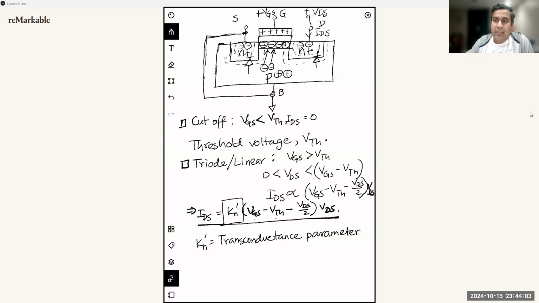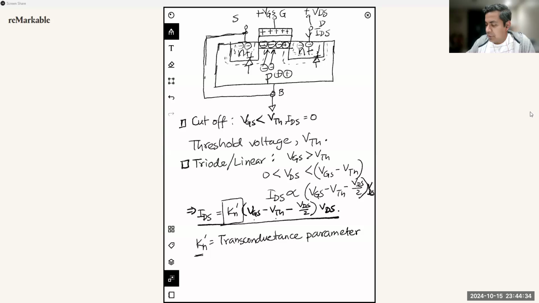So for the NMOS and the PMOS, we will get a particular value of Kn prime. It is a device parameter, so every MOSFET will have some sort of transconductance parameter, which is basically the ratio of the drain to source current and the voltages, external and internal voltages of the MOSFET. So that's our first parameter term that we are going to find out.